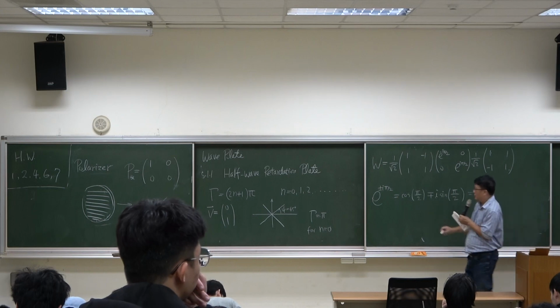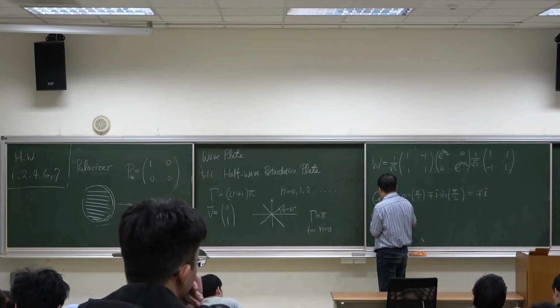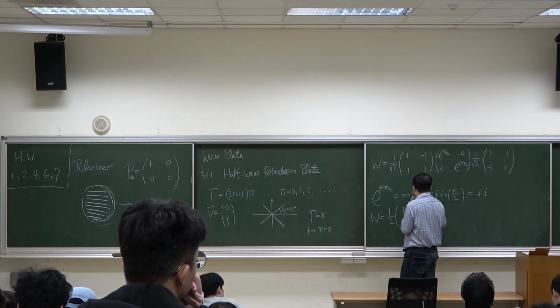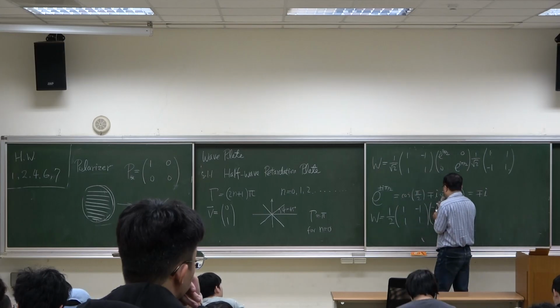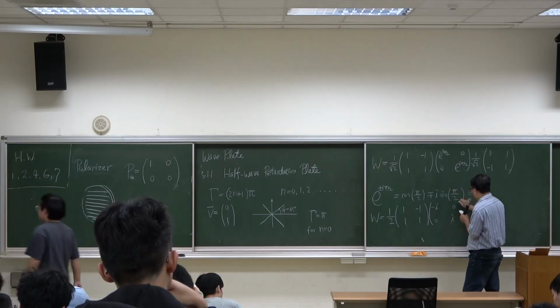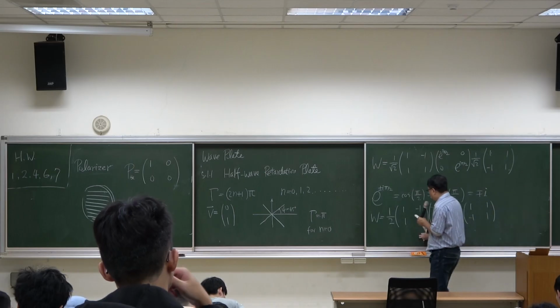Okay? So W is equal to 1 half, 1 minus 1, 1, 1, minus i, 0, 0, i, 1, 1, minus 1, 1. Okay?